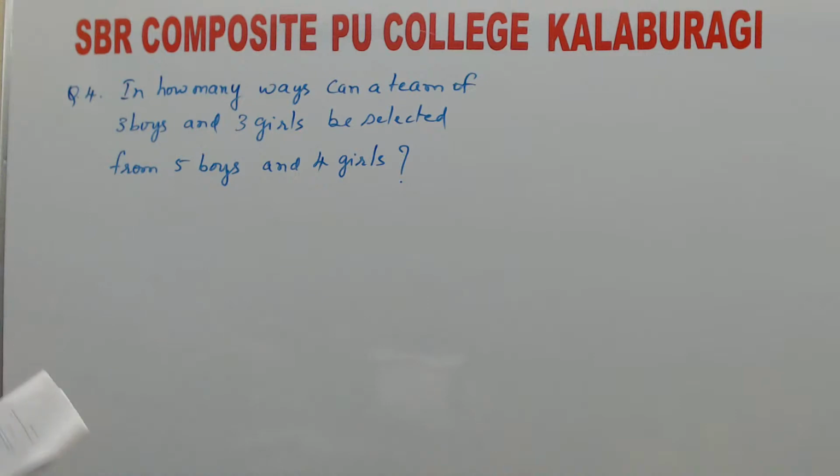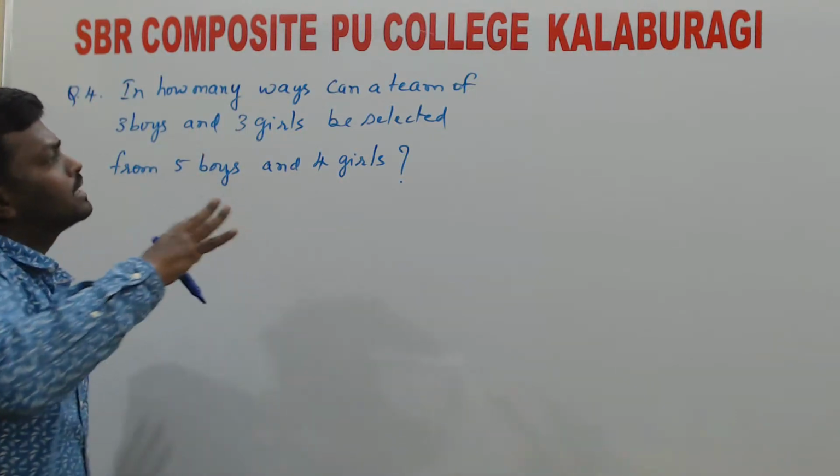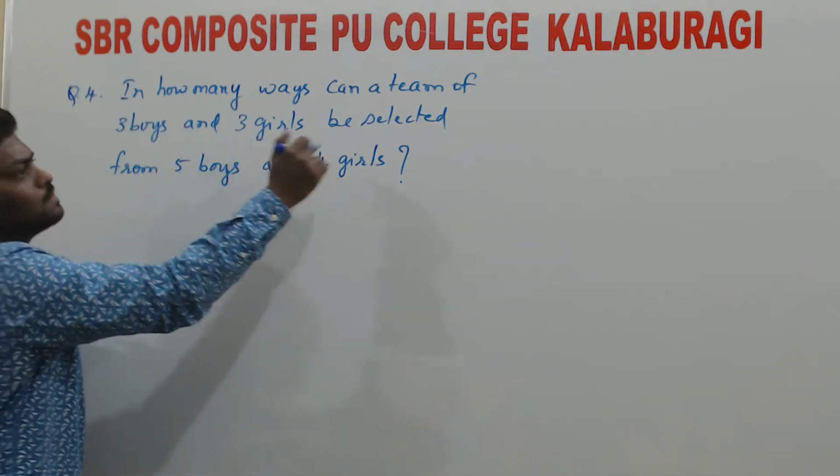In how many ways can a team of 3 boys and 3 girls be selected?